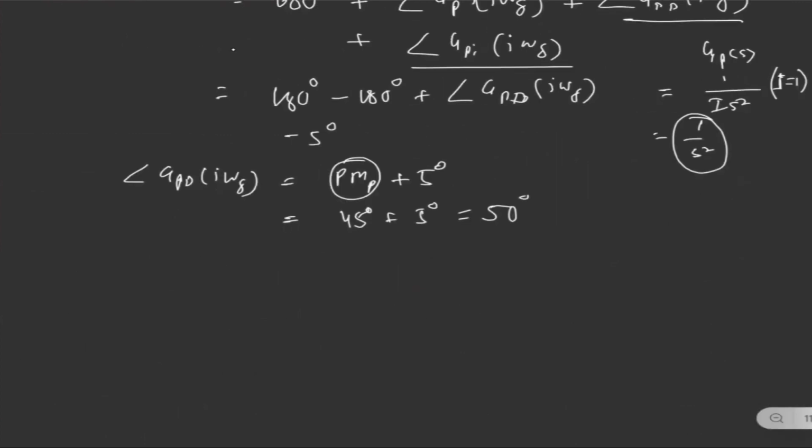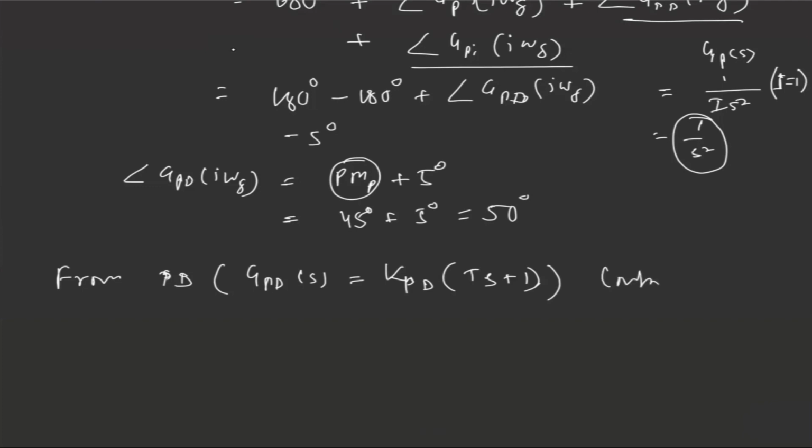Now, from the PD controller structure, we can come up with the phase of the PD controller itself, not at the gain crossover frequency but at any other frequency. Let's see the phase of the PD controller.